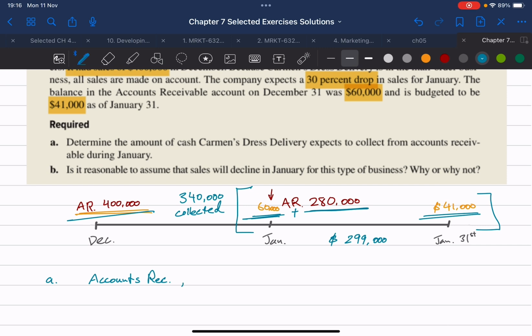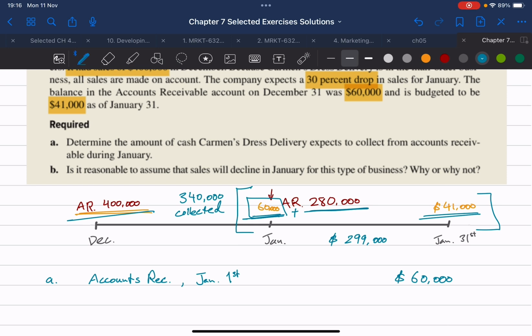This is the opening balance, so this is as on January 1st. And it's this amount right here, $60,000. And then we're going to add the month of January sales.